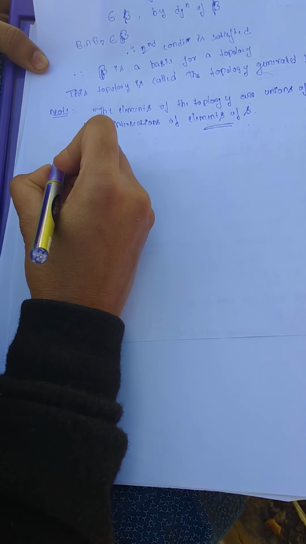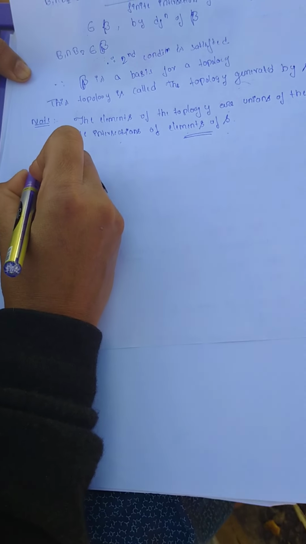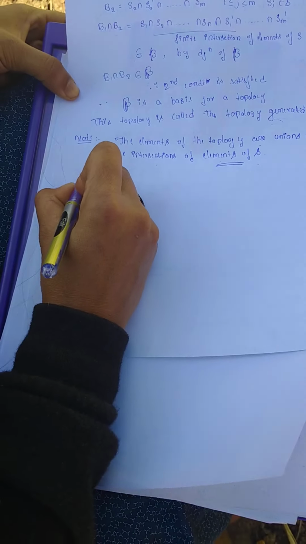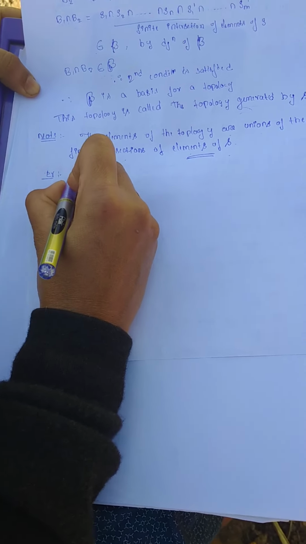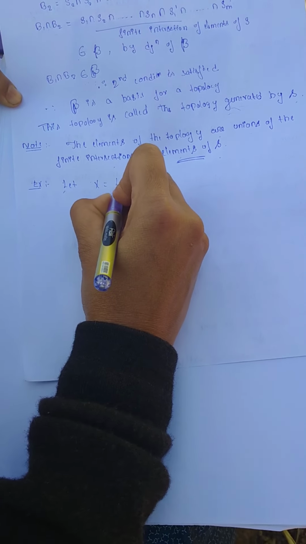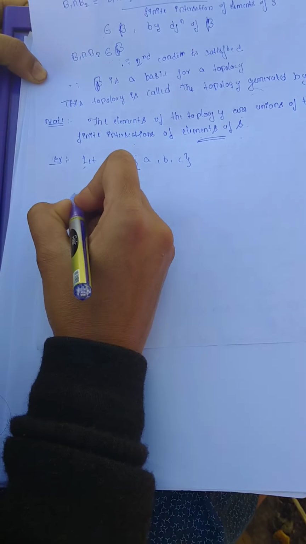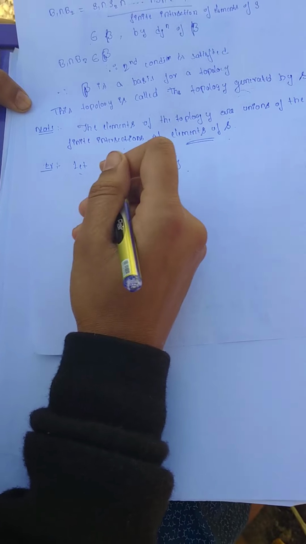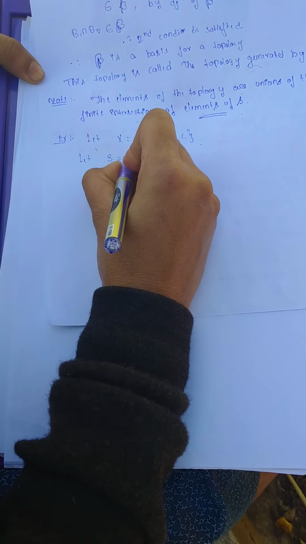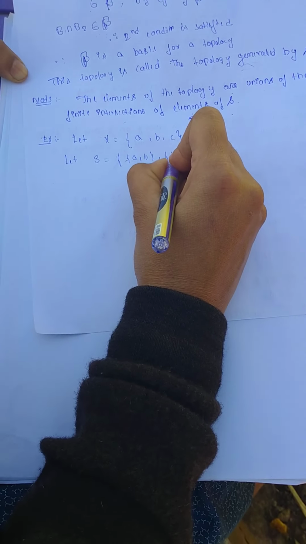Now look at the example. Let X be equal to the set consisting of a, b and c. Let S be equal to {a, b}, {b, c}.